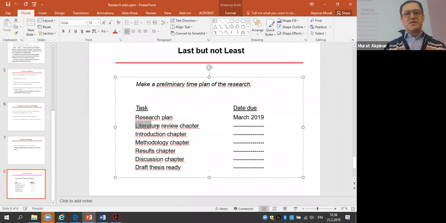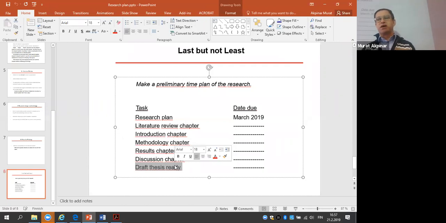Then you will be writing your literature review chapter. Then we will write the introduction chapter, methodology chapter, results chapter, discussion chapter, so the 5 chapters of the thesis. And then, of course, there is also the description page, the abstract, so the draft thesis will be ready.